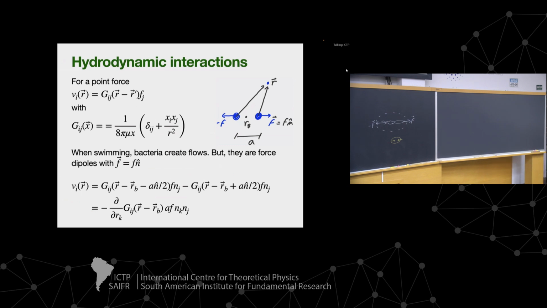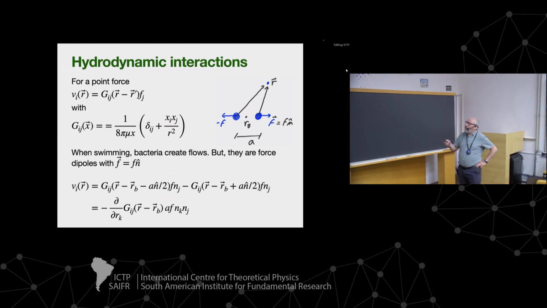I'm just copying here what was said there: the velocity field generated by the point force is given by this G tensor. It's the velocity field at a position R, and depends on where the point force was acting. And G is this tensor, the same as before. But when you have a swimmer, I'm going to consider here a pusher. You have the bacterium there, the head is pushing the flow in this direction, the tail is pushing the fluid in this direction, and the bacterium has a size a.